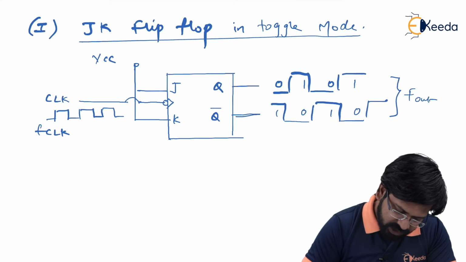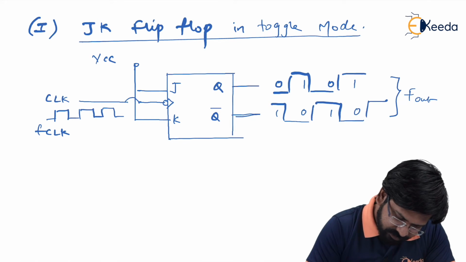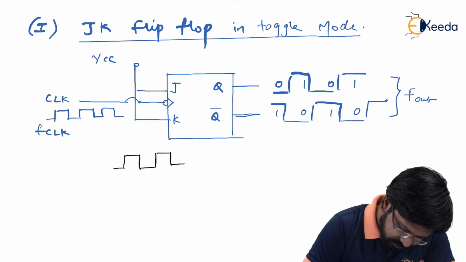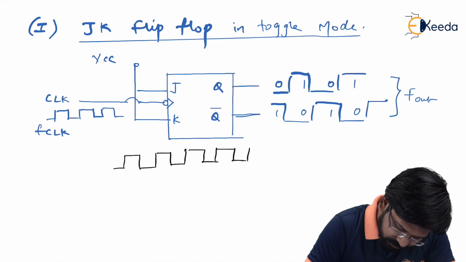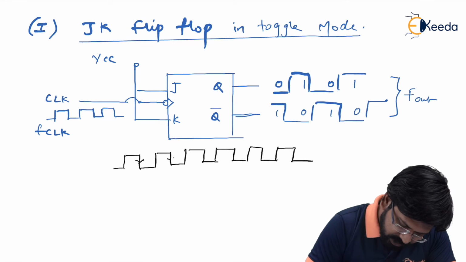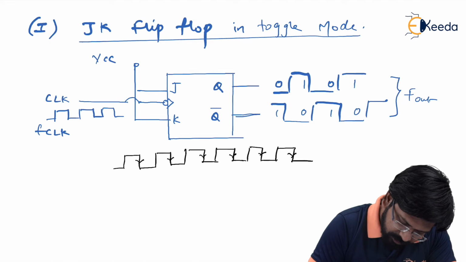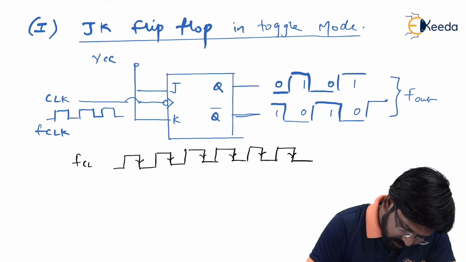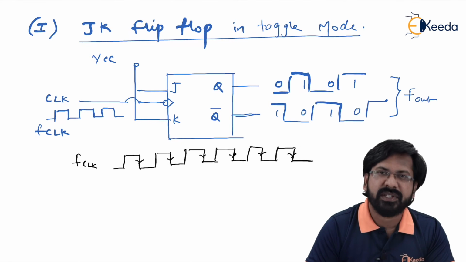As I said, I'm going to justify this. Since it is negative edge type, for every clock I'm pointing out the negative edges. So what I've drawn here is f clock, that is the clock frequency.